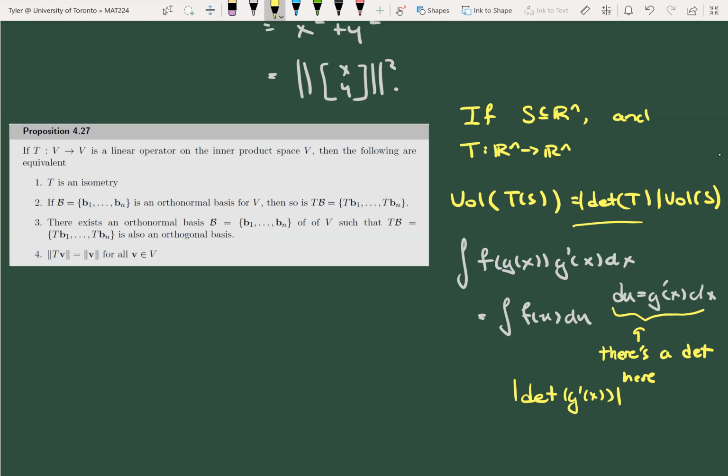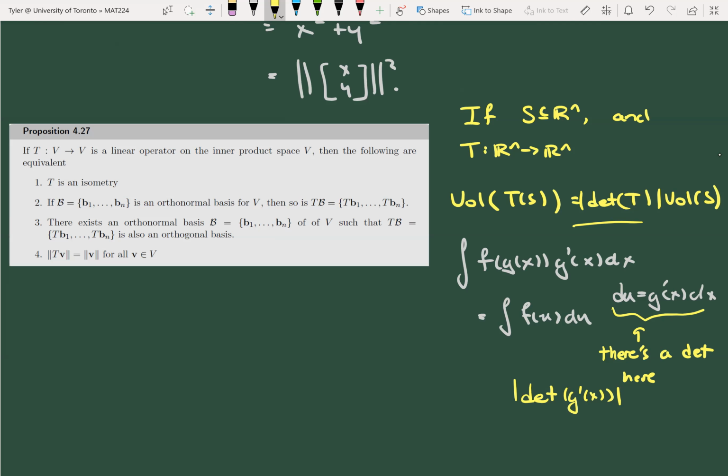So you can think of g prime of x as being this linear transformation from R1 to R1, and it's telling you precisely by how much lengths change at every single one of these points. So if you've ever wondered about that in substitution in first year calc, that's secretly what's going on.